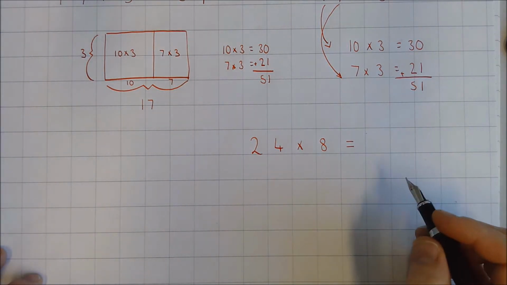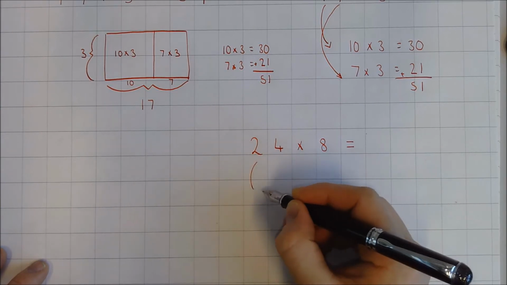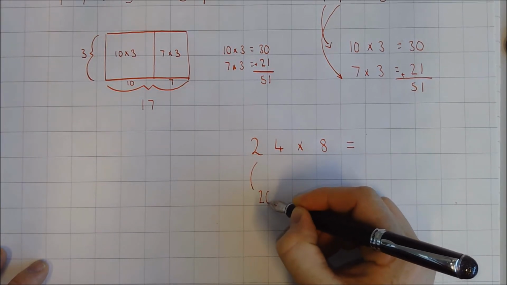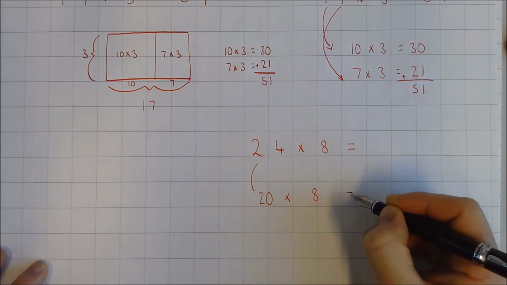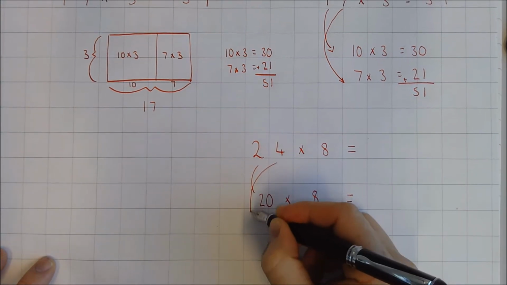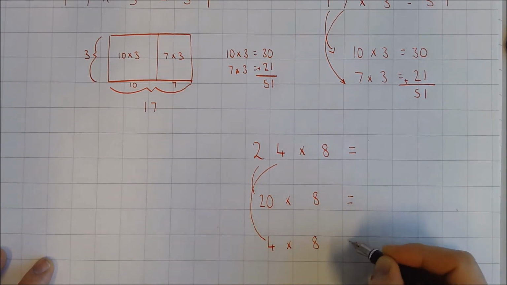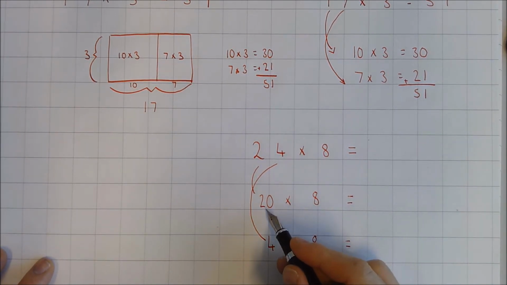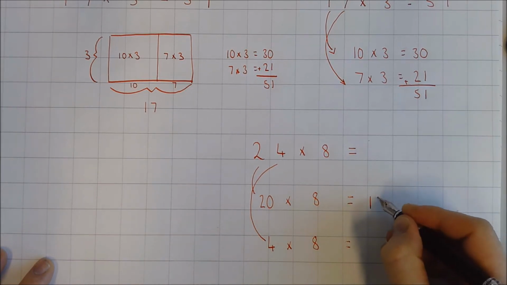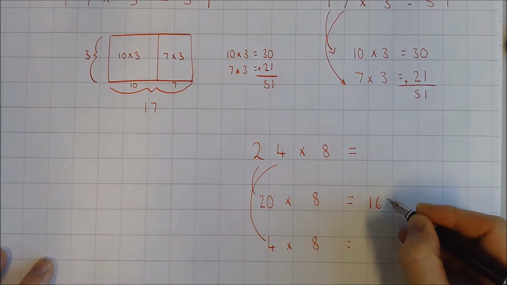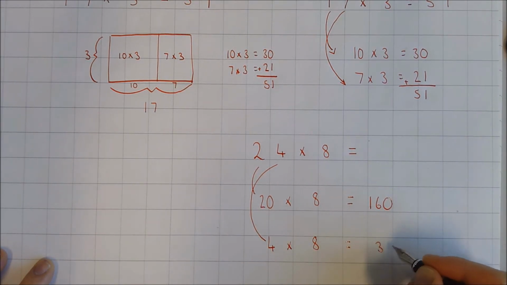Hopefully you said that you would partition it into 20 times 8 and 4 times 8. 20 times 8, well 2 times 8 is 16, but then we need to multiply it by the 10, so 160. 4 times 8 is 32.